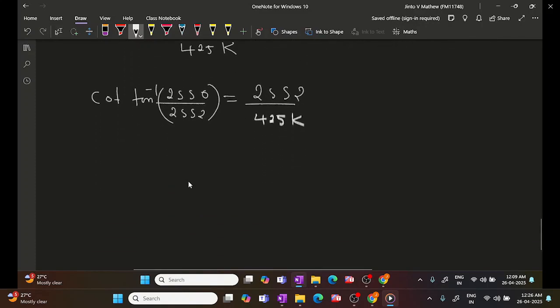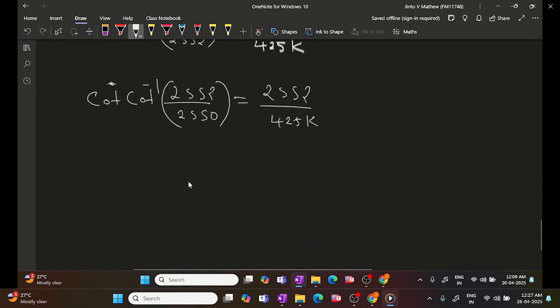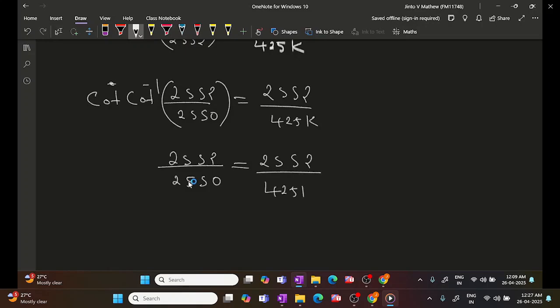Yeah, so if we express tan inverse as cot inverse, it will be cot of cot inverse 2552 by 2550 is equal to 2552 divided by 425k. From this, cot and cot inverse get cancelled, so 2552 divided by 2550 is equal to 2552 by 425k.